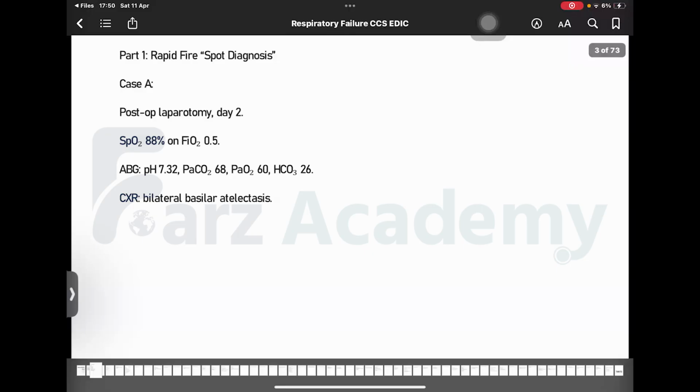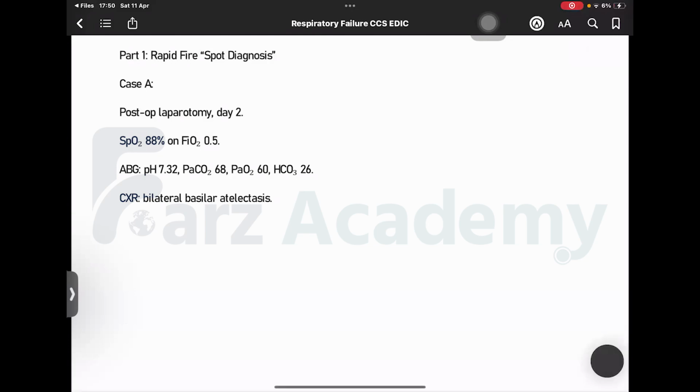I think this is post-operative atelectasis causing hypoxemic respiratory failure. The cause possibly is that pain management was not adequate. So, what about the carbon dioxide? Carbon dioxide is also high, yes.